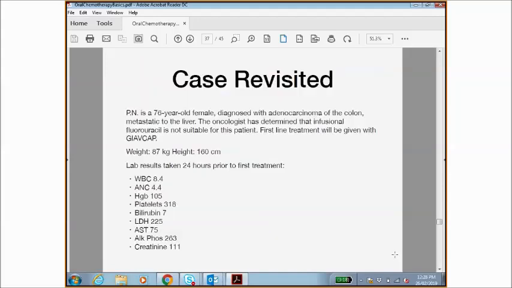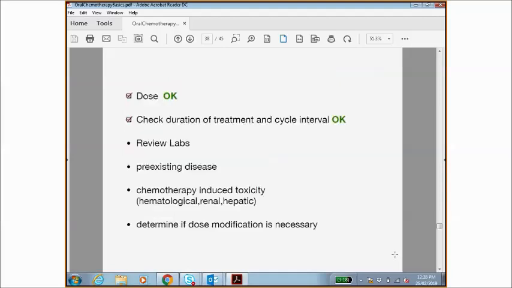So if we go back to our case, all her information again, just to do a little refresher. So we checked, the dose is good. The duration of the treatment and cycle interval, that was good. We checked that out with the protocol also. So if you look under the BCCA guide, it will tell you, and you go in a stepwise fashion when you're screening these medications.